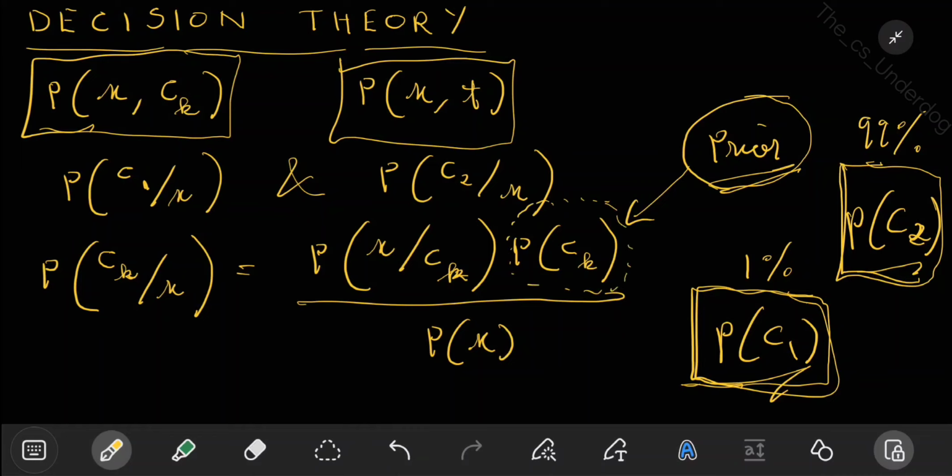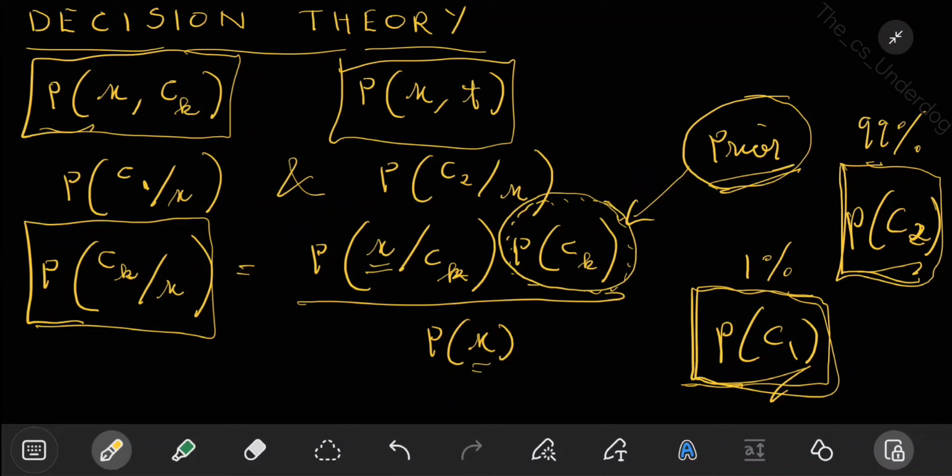Once you have the prior probability, what will you do? You have to find the posterior. Posterior will be influenced by the prior as well as the data. Data is X. Using X and using the prior, you will find the posterior. This posterior will give you the probability that given this particular data, does that belong to class C1 or C2?